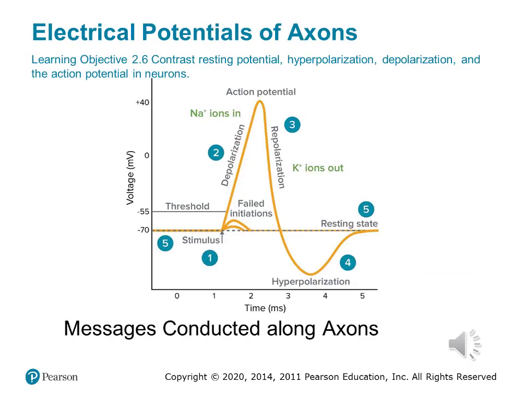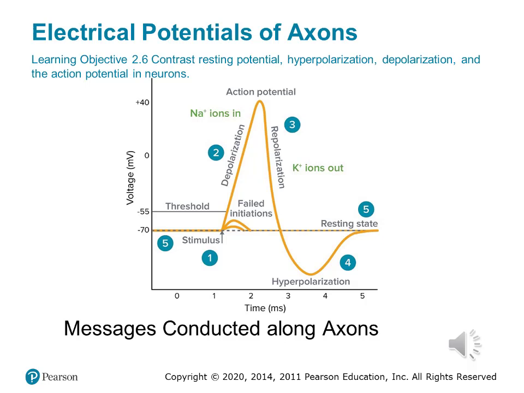The action potential is basically the terminology used to describe electrical firing by neurons. At rest, the axon has a negative charge, and that is illustrated here in terms of the resting state at minus 70 millivolts.